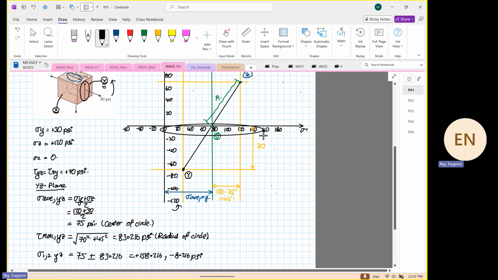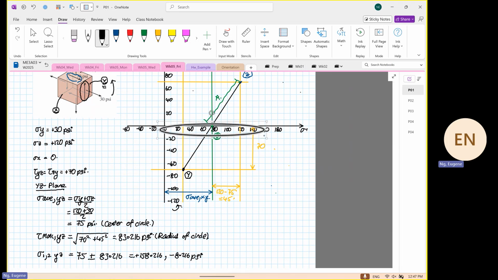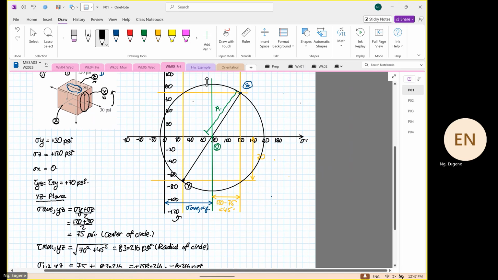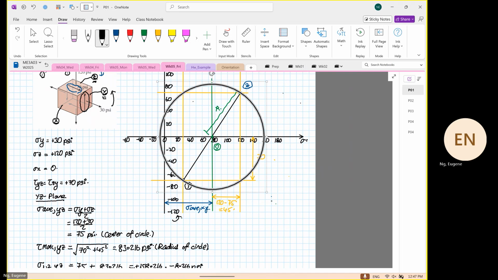So 160 over here, 158, somewhere around here. Again, this is eyeballing. And then we have our shear stress, which is 83.216, about here. And then I'm going to stretch it out. I think I have to squeeze this down a bit.